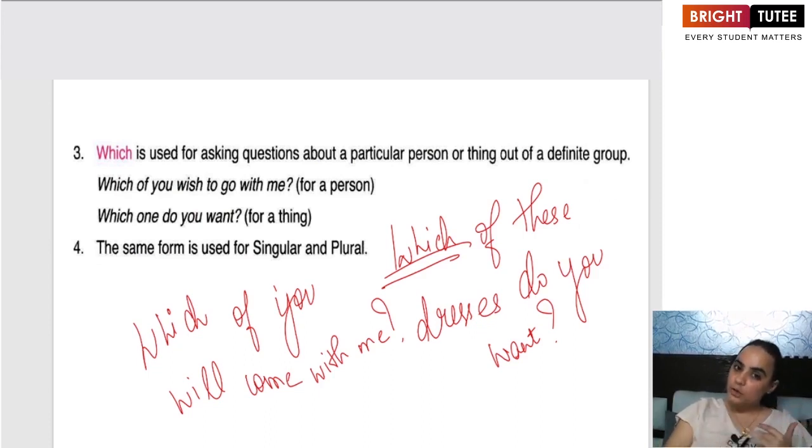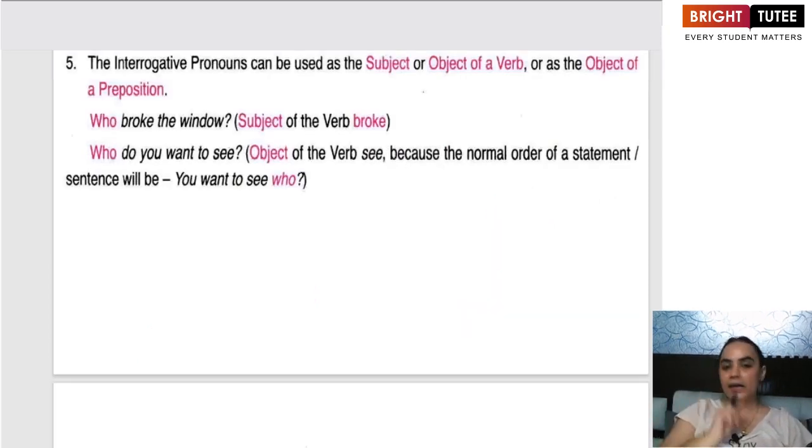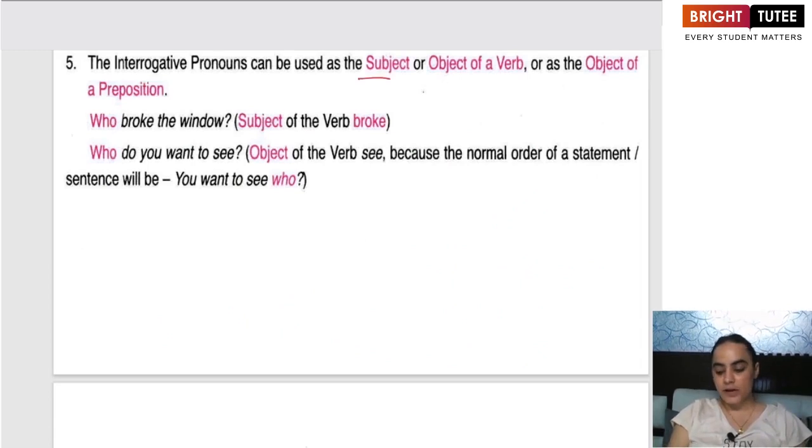So I can use which with both people as well as things, but it is always going to talk about something which is definite, something which is specific in nature.